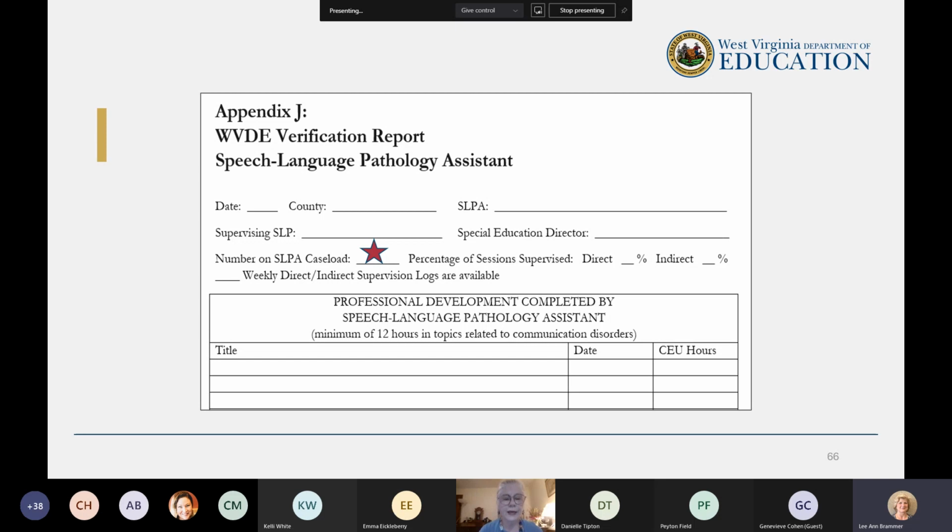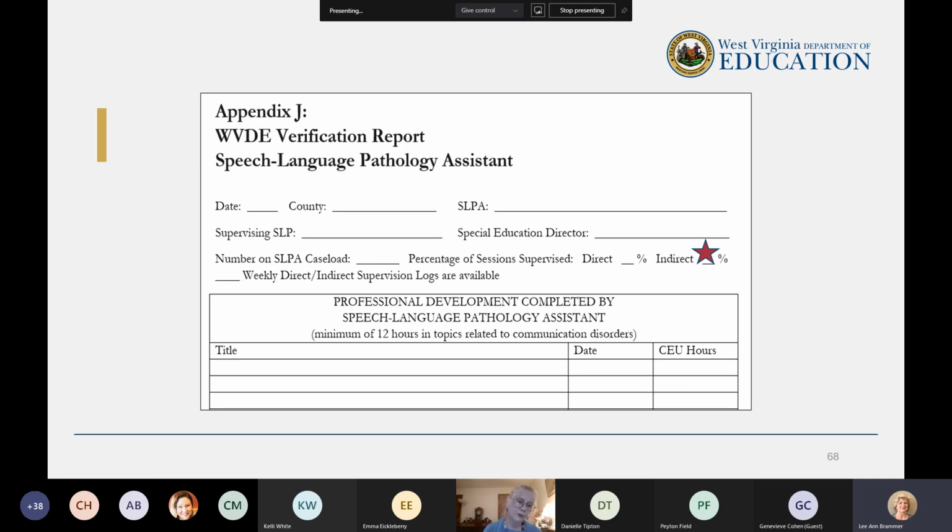And then on the next slide, that's your direct observation, your direct supervision time. What percentage did you end up supervising the SLPA? And then we go to the indirect, and you fill in the next slide. What percentage of time did you indirectly supervise?